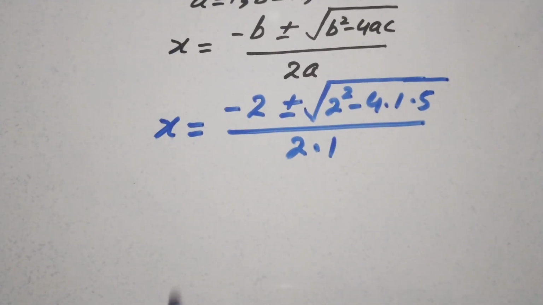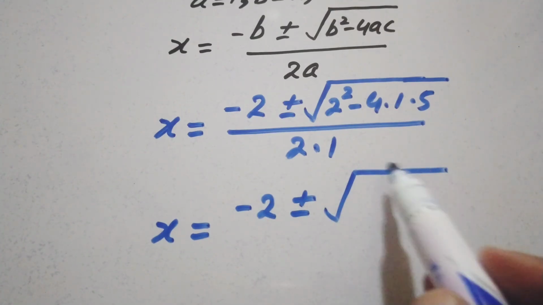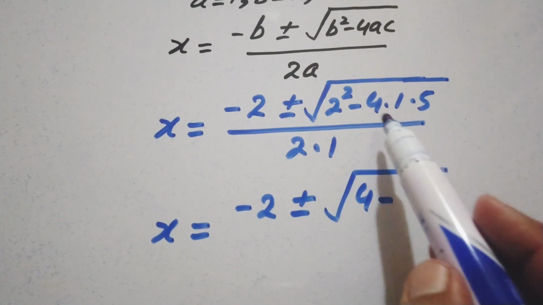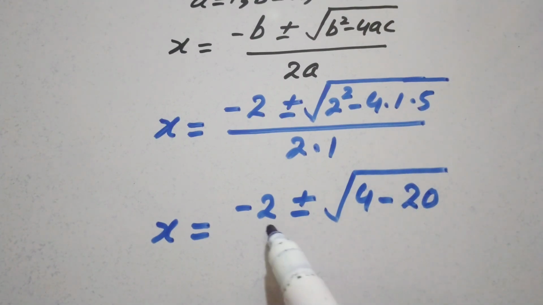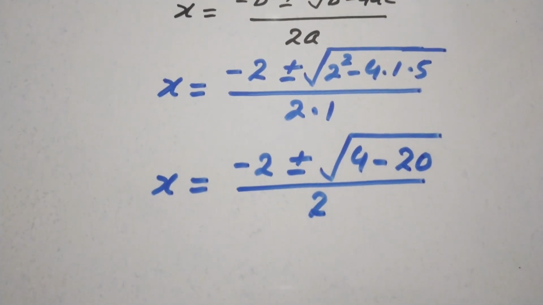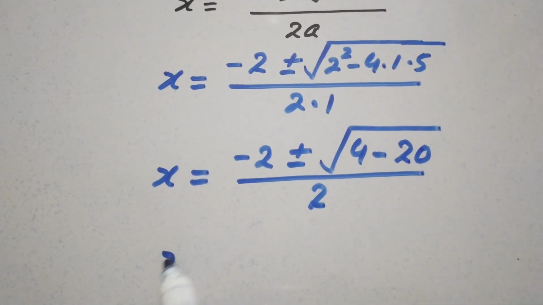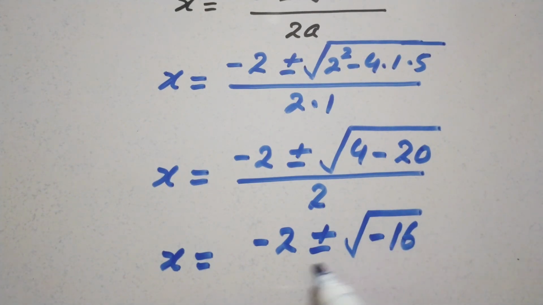So in the next step, we get x is equal to minus 2 plus minus square root of 2 squared, which is 4, minus 4 multiplied by 1, 4, and 4 multiplied by 5, 20. Divide by 2 multiplied by 1, we get 2. So now we have x is equal to minus 2 plus minus square root of 4 minus 20, we get 16 with negative sign, divide by 2.